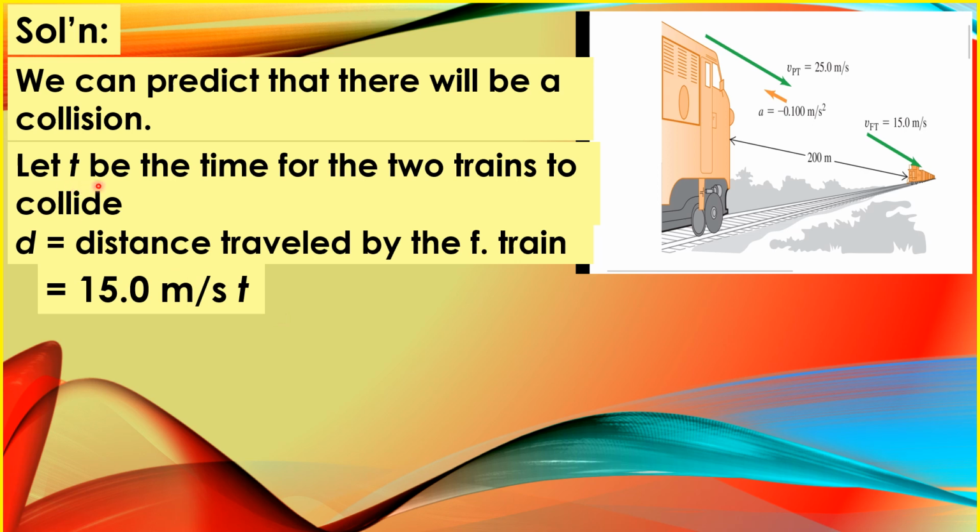So from that instant when the passenger train started to slow down, assuming that the freight train is going to be hit, during that same time interval the freight train will be covering a distance d, and that is expressed as its average speed of 15.0 meters per second multiplied by the time t, which is still undetermined. So we will just let the time t as is.